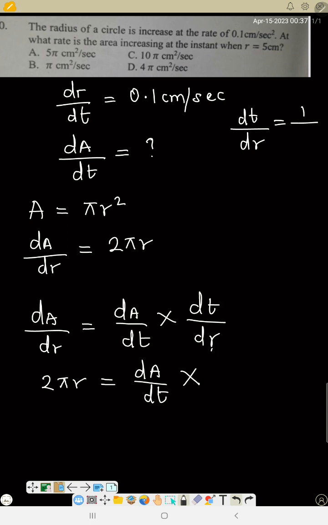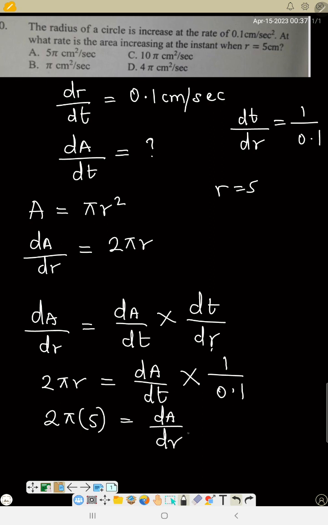1 over 0.1. So you reverse this, so that will be 1 divided by 0.1. But the question already gave us the radius as 5. So that means this is 2 pi brackets 5 equals dA over dt times 1 over 0.1.